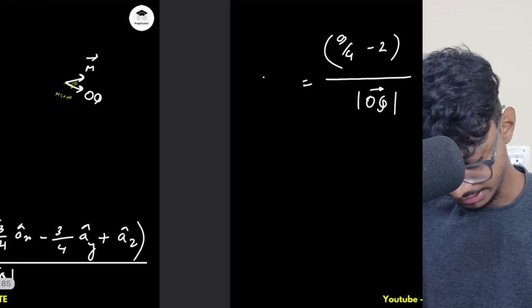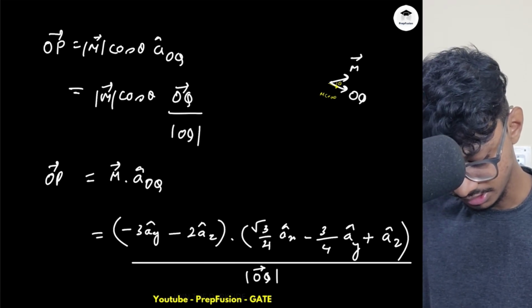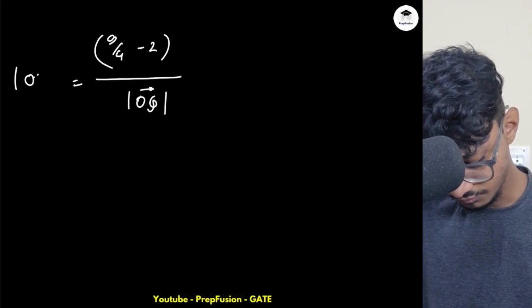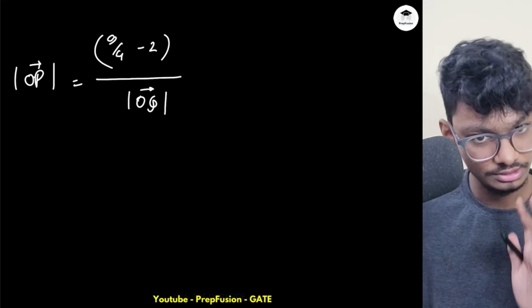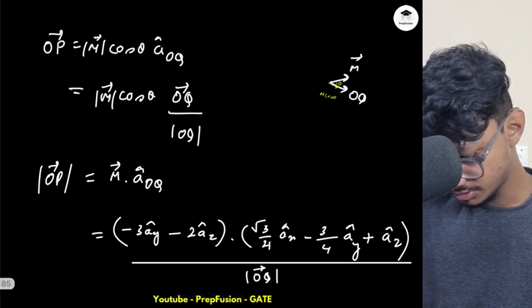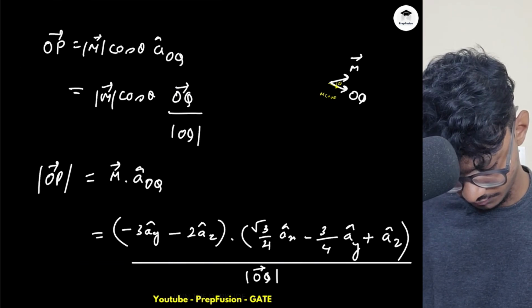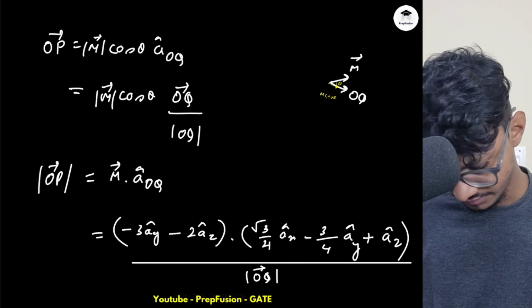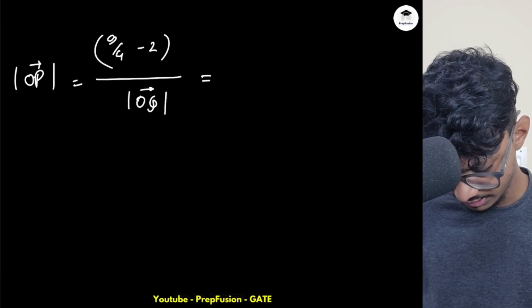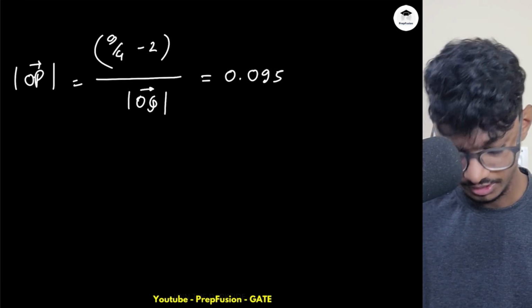I don't need the vector directly, I just need the magnitude of OP, because they just want us to find the component. So the magnitude of this, if I multiply by 4 and divide by the square root of 3.755 into 1 divided by 8, will be 0.9095. Okay, this will be the answer.